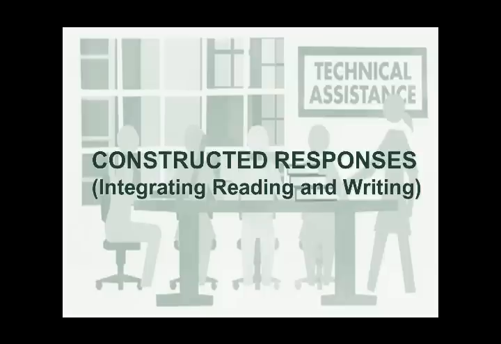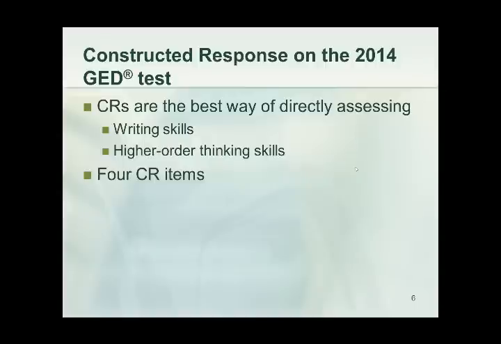This is a major shift for us as adult educators to move from having students write fairly simple opinion pieces to now moving into something called argumentative writing and a constructed response, which means that students actually have to read something and then respond to it.